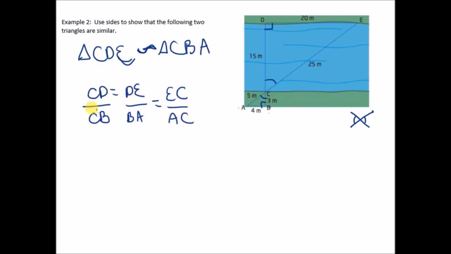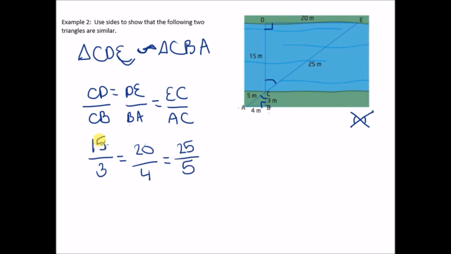So these are the three ratios, but for every single one of these ratios, we can actually sub in numbers. The length of CD is 15, so we can sub in 15 there. The length of CB is 3. The length of DE is 20, and the length of BA is 4, and the length of EC is 25, and the length of AC is 5.